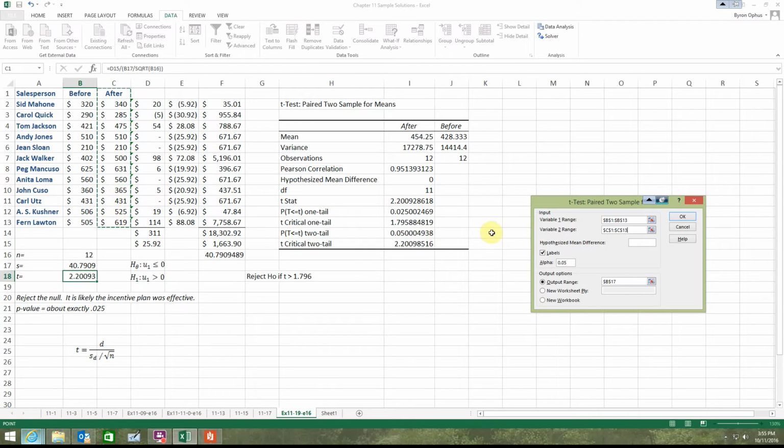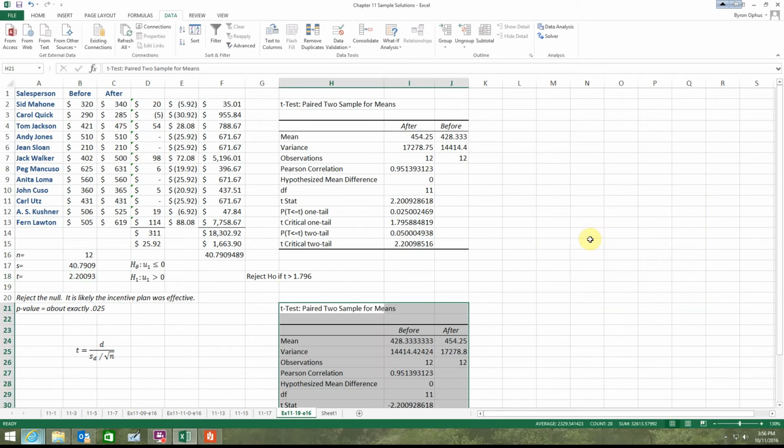I grabbed the label, so I want to make sure my labels is clicked. My significance given to me is 0.05, and that's what's in there. And my output range, I'm going to bring that to here, just so it's a little bit out of the way. Click OK.